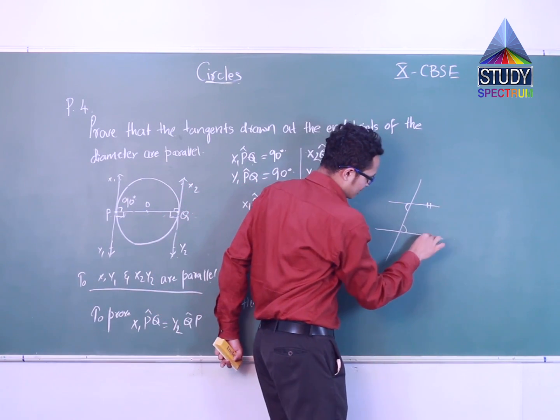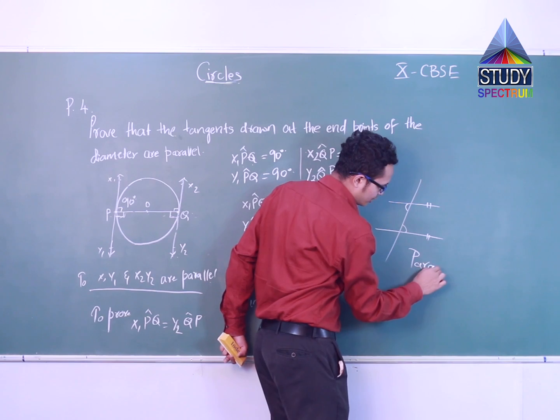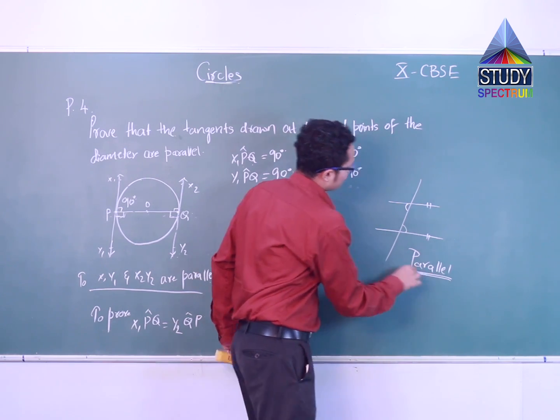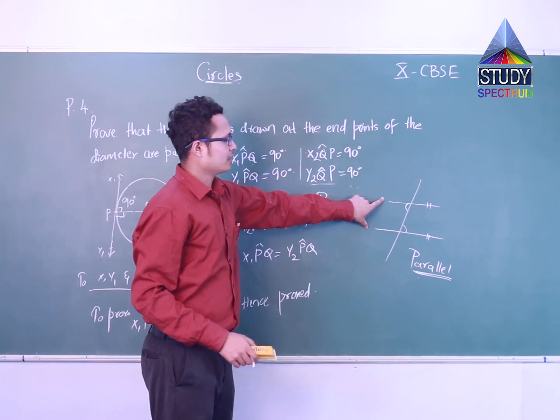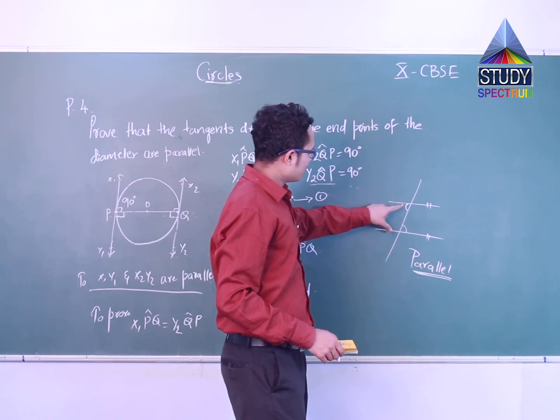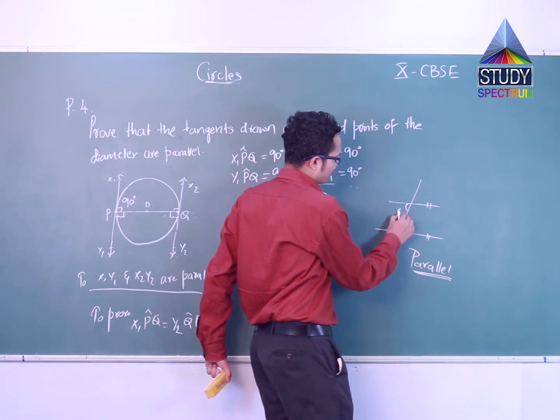If these two lines are parallel, then and only then these two angles, say A and B, will be equal.